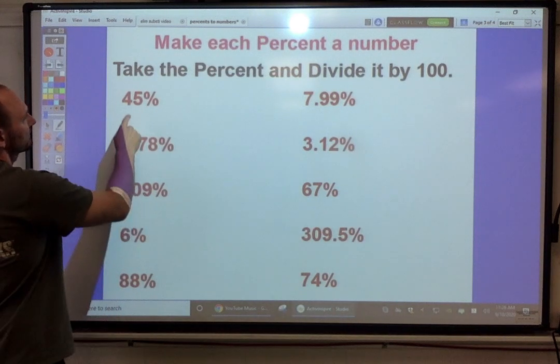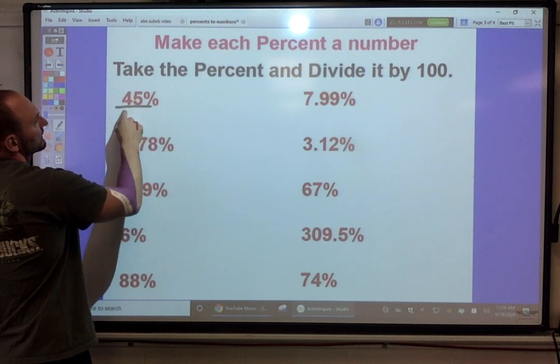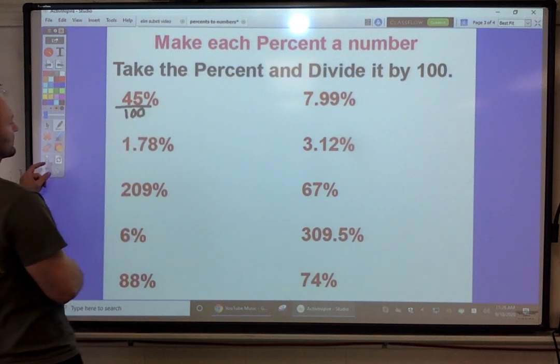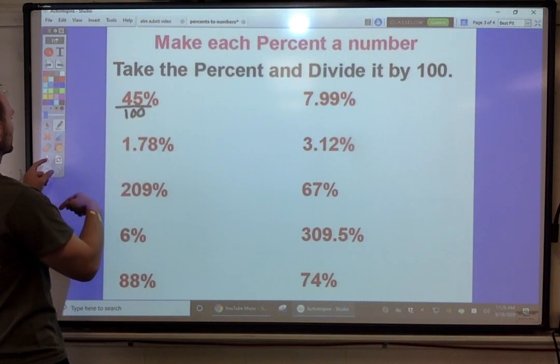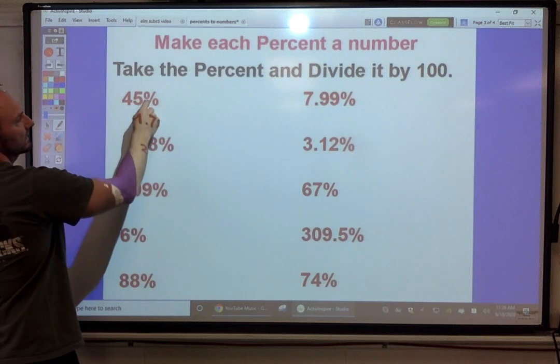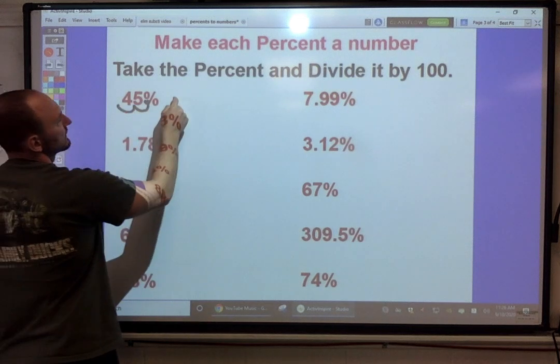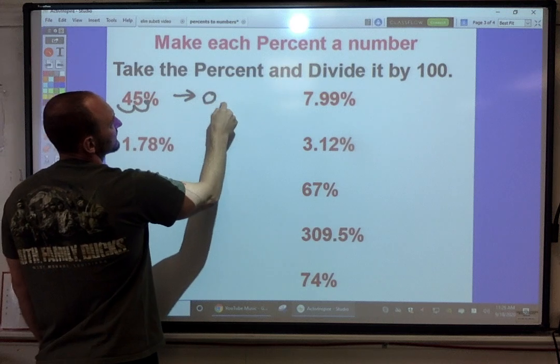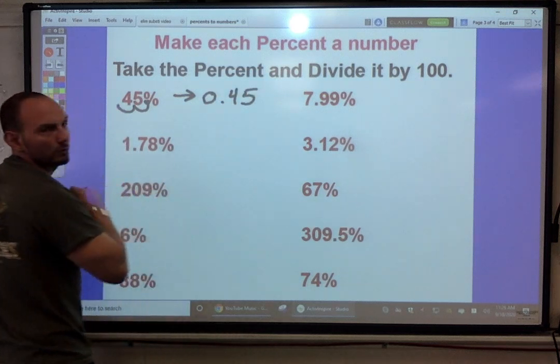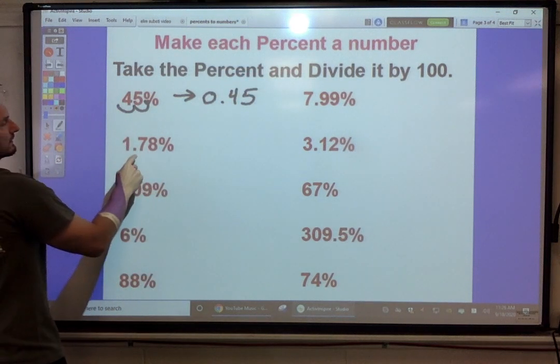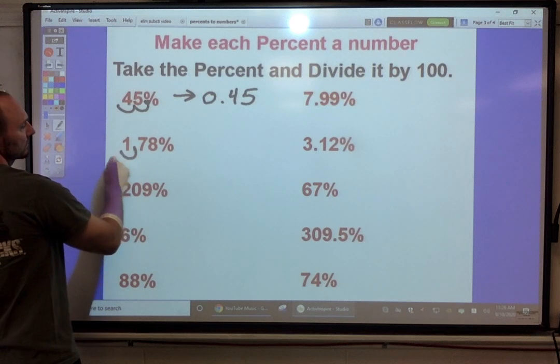45% divided by 100 is actually going to move our decimal place to the left 2 places this time. So we're moving it to the left. 1 and 2. So 45% is 0.45, or 45 hundredths. So here, 2 places to the left.